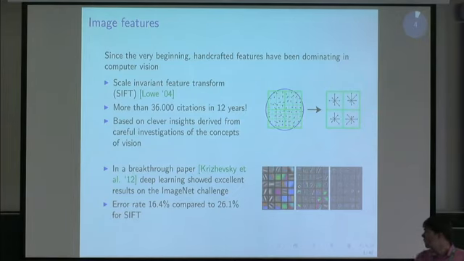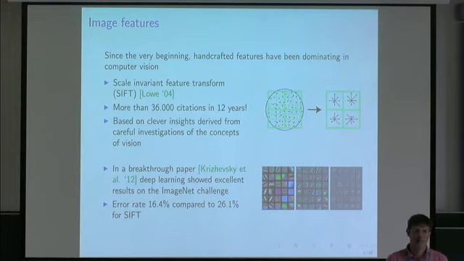In 2012, there was a breakthrough paper by Žbontar and colleagues, where they showed that when you replace the SIFT features, and at that time they also used other features like HOG features and color, with learned features based on deep convolutional neural networks, you can get a huge performance boost.